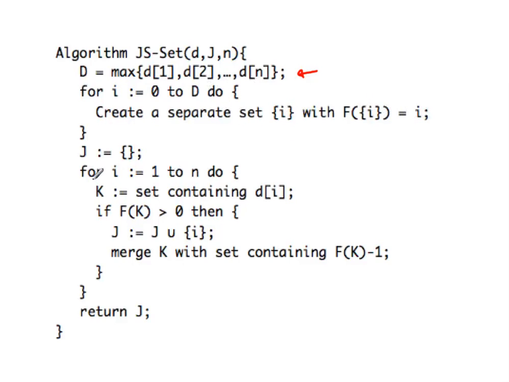Now we start with the empty set of jobs, and for 1 to n, for each job, we first compute the set which contains that job. If the set has a feasible value, the smallest free slot below its deadline, then we include this job in our solution. So we augment the set J to include i, and we merge the current set with the set containing f k minus 1. This is the repeated thing that we do. If we find something which has f k equal to 0, we ignore it, and at the end we return the set J.